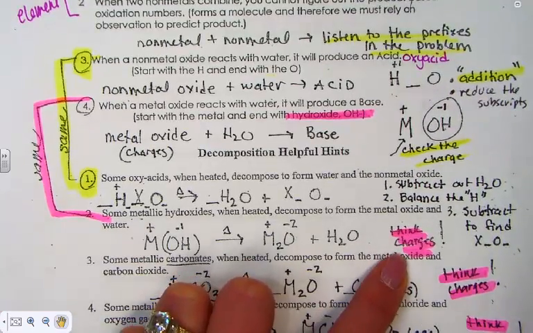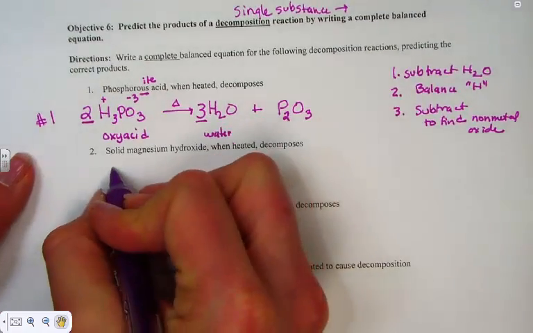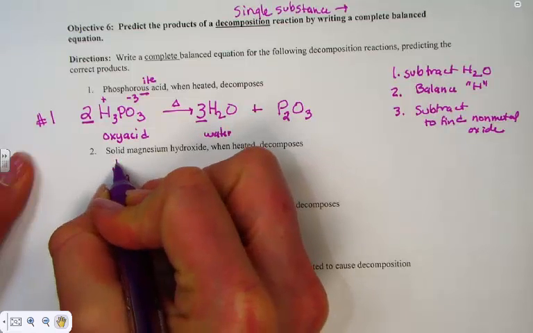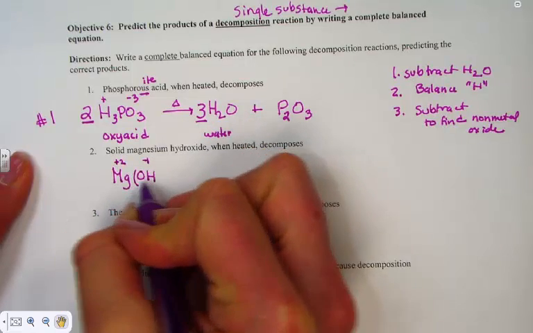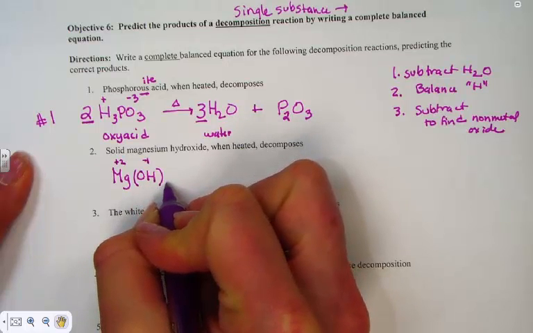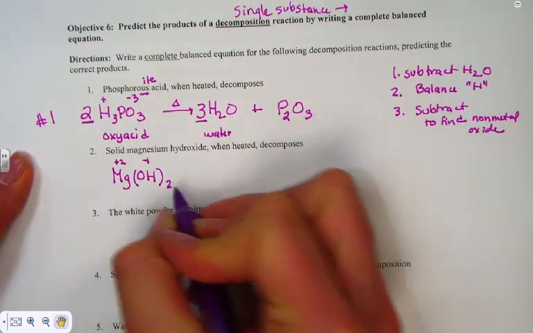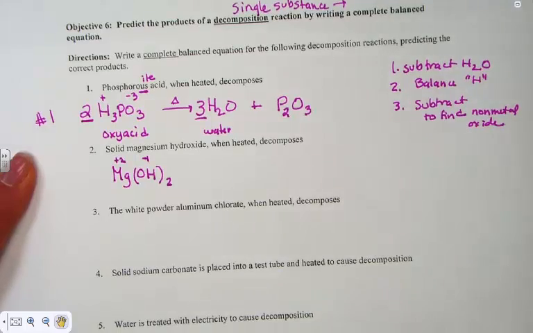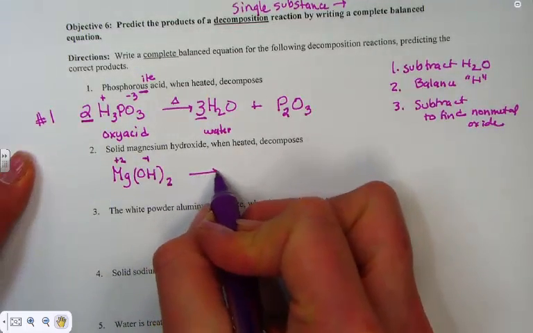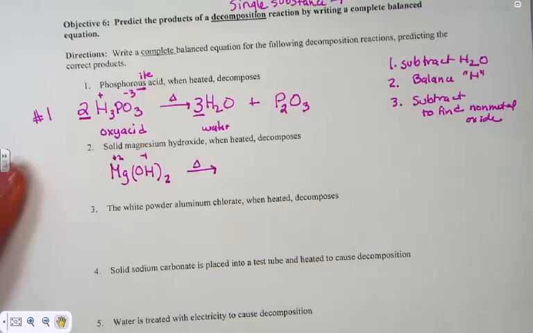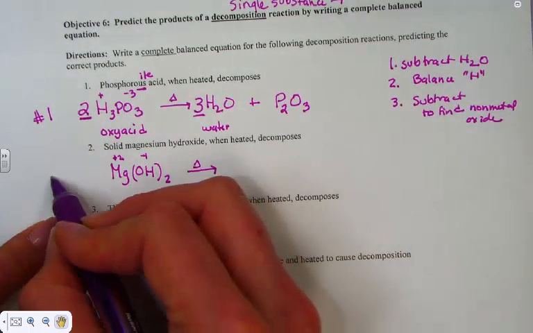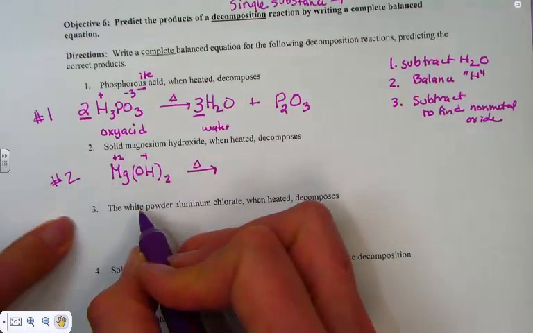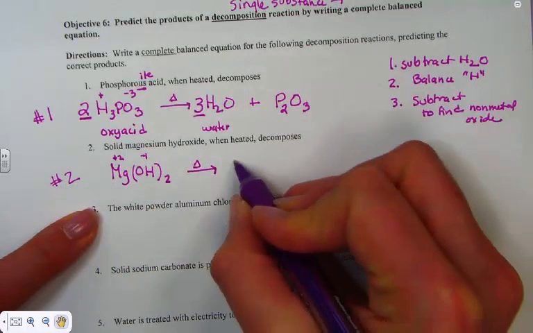Think charges, it says on my helpful hint page. When magnesium hooks in a compound, we know it carries a +2 charge. Hydroxide is our polyatomic ion, the base ion, that carries a -1. When magnesium hydroxide is heated, it decomposes. The metal hydroxide turns into the metal oxide.